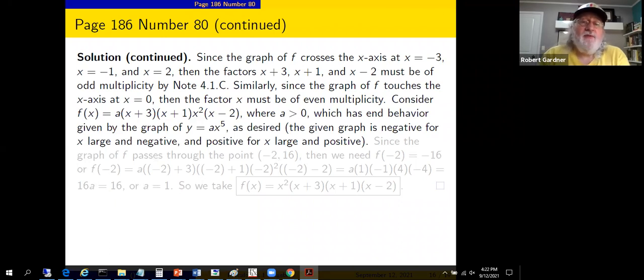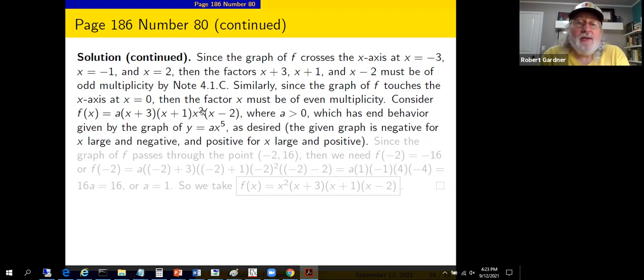How about this? We could take f of x equals, how about x plus 3 to the first power? That'll take care of the fact that it crossed the axis. Got an exponent of 1, didn't write it, but it's there, and it's odd. X plus 1, that corresponds to the x-intercept of -1, odd exponent, it's a 1.